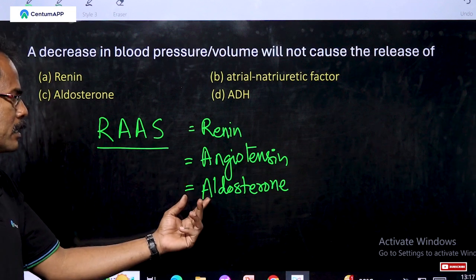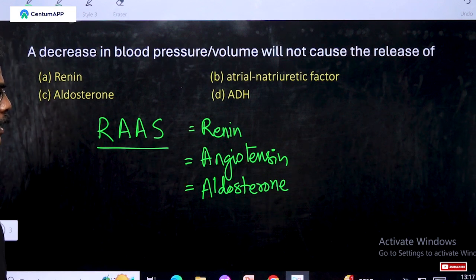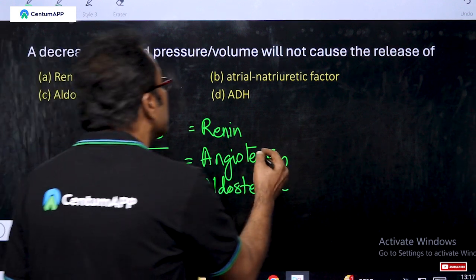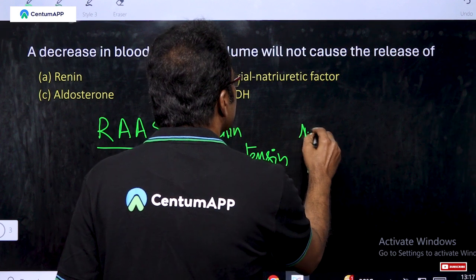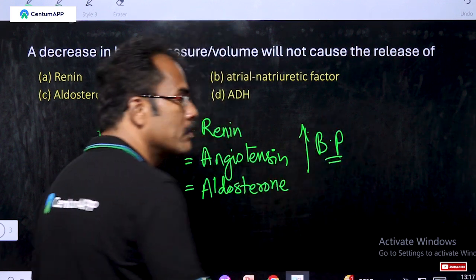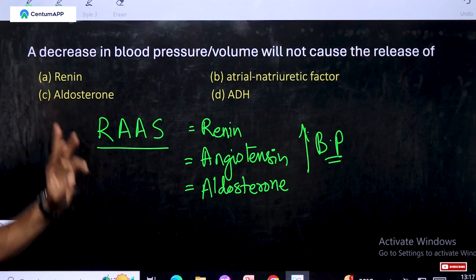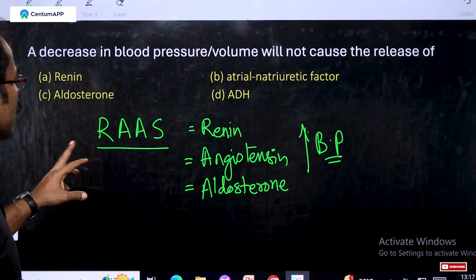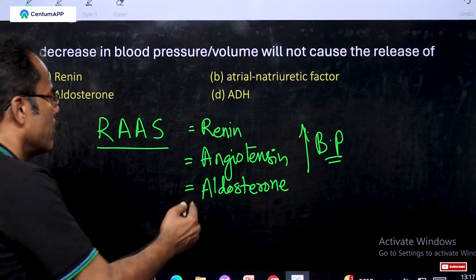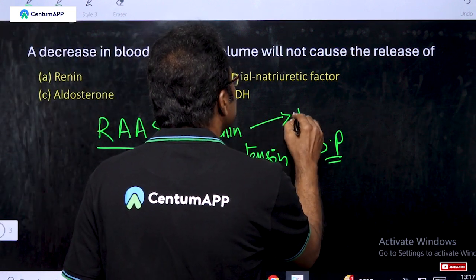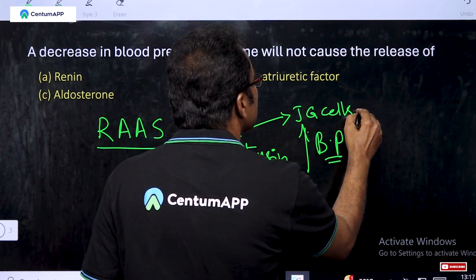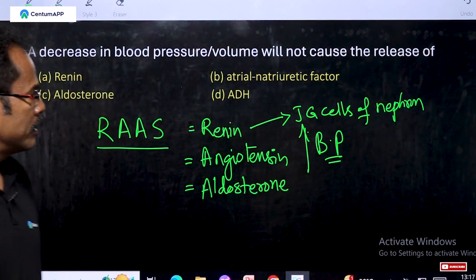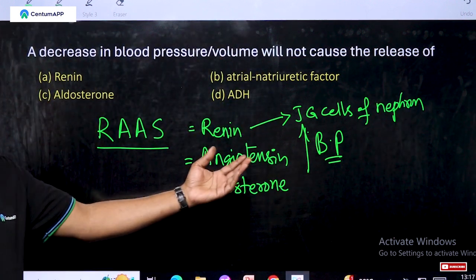So, renin, angiotensin and aldosterone are the 3 factors that help in increasing the BP. Renin is secreted by the JG cells of the nephron, which is activated during low BP.